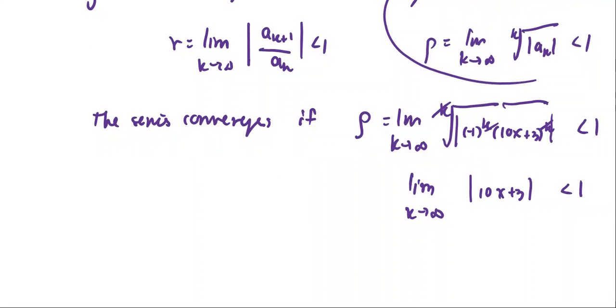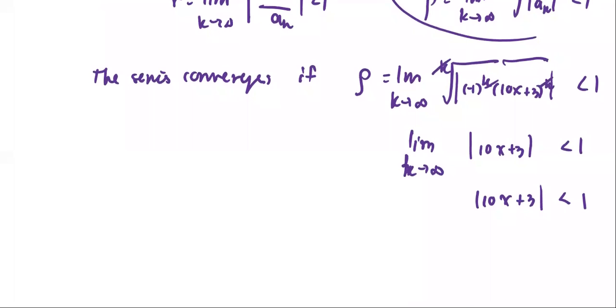That means we have the absolute value of 10x plus 3, since the left hand side has nothing to do with the value k. So the absolute value of 10x plus 3 is strictly less than 1. Now we can rewrite it, solving for x, or factor the 10 out to be 10 multiplied by x plus 3 over 10, less than 1.